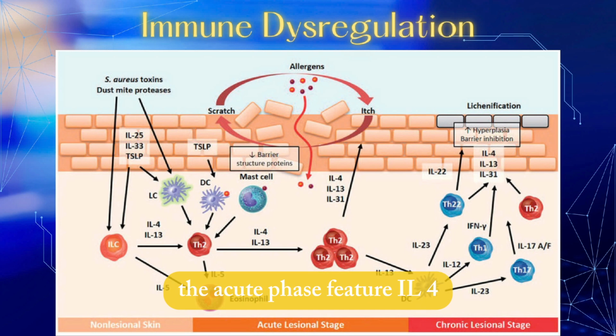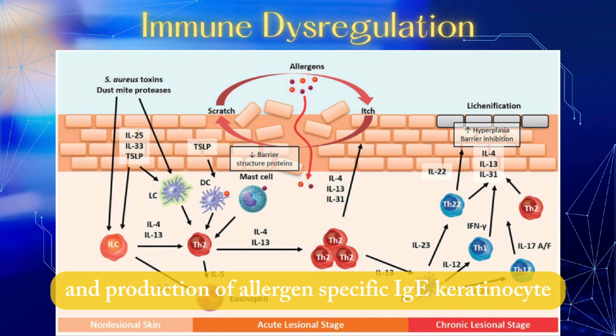The acute phase features interleukin-4, interleukin-5, and interleukin-13 activation of eosinophils and mast cells and production of allergen-specific IgE.